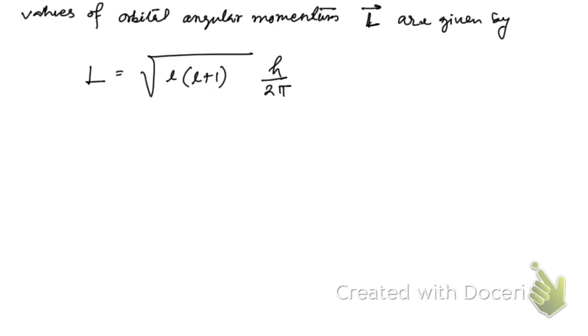Here h is Planck's constant, and small l is the orbital quantum number.